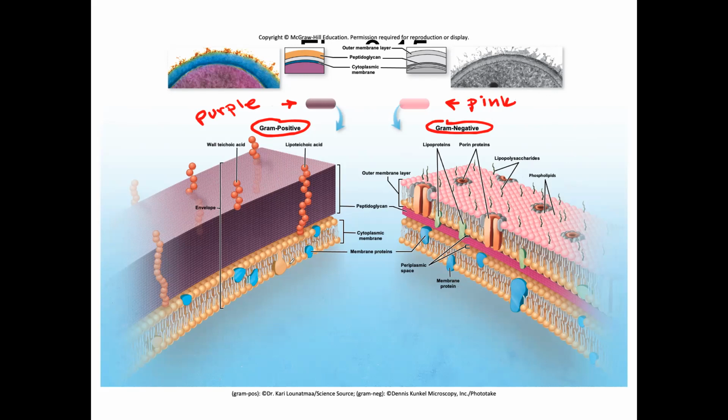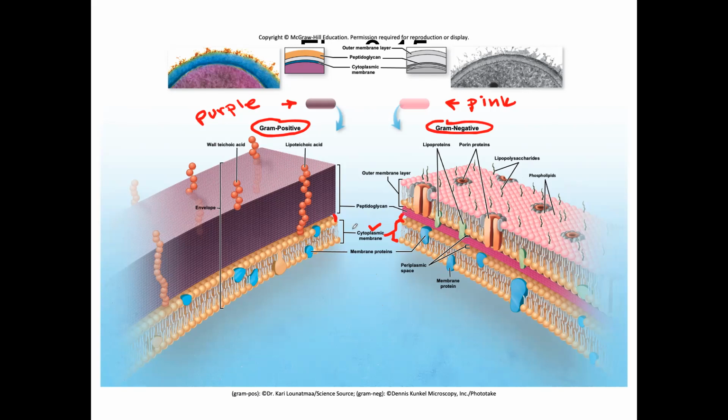But notice that there's always a cytoplasmic membrane, no matter what. So that's in both of them. There's always a periplasmic space, which is between the cell membrane and the next layer. That's here and here, for both the gram-negative and gram-positive.